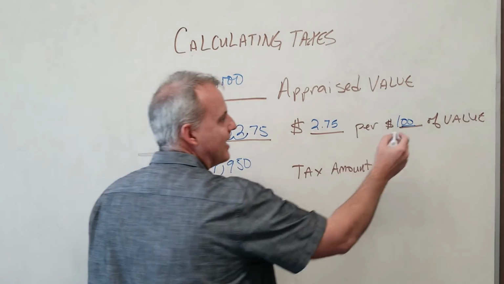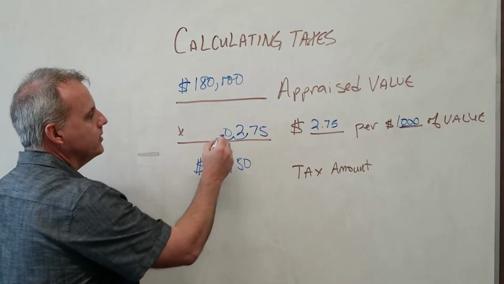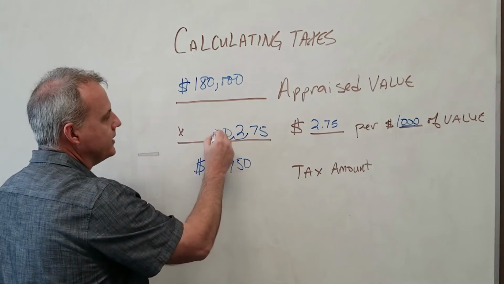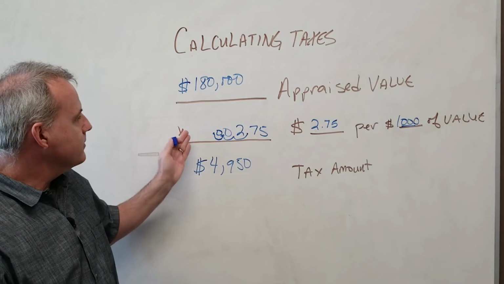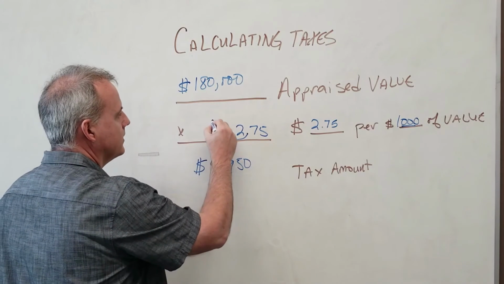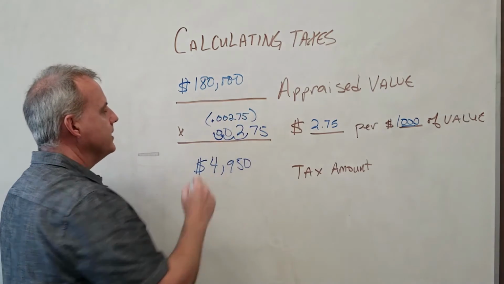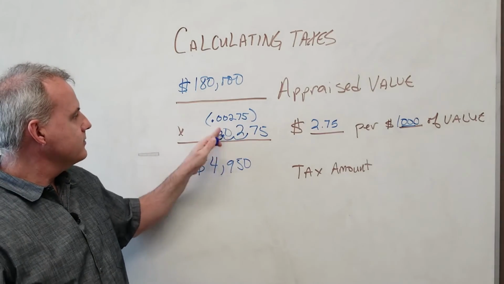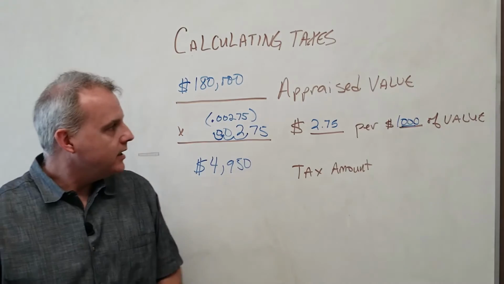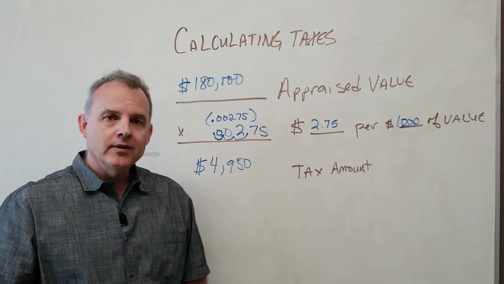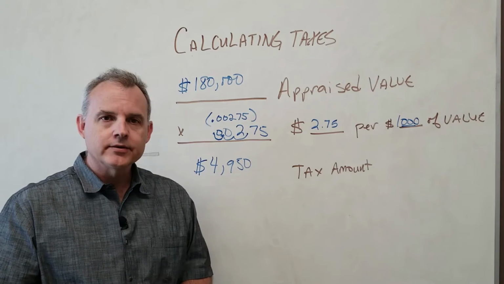If it says $1,000 of property's value, then we know to move the decimal place three spaces. So we would take $180,000 and multiply it by decimal 0.0275, because we've moved that decimal place to the left based on the number of zeros in our value. Just a shortcut that I've learned over the years.